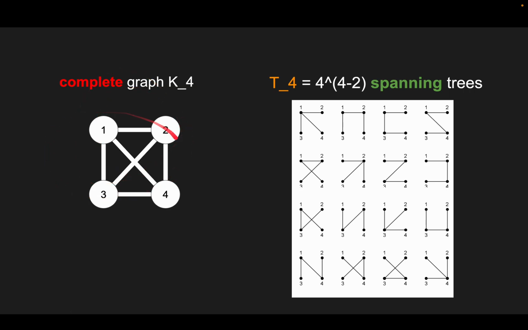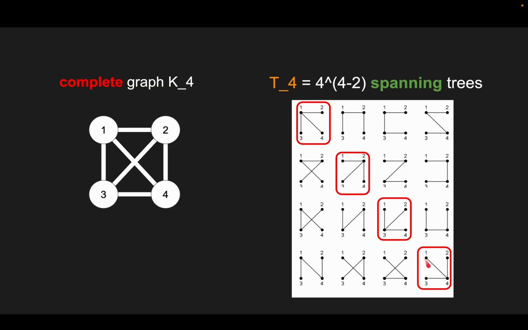Similarly, for a complete graph K4, we can calculate by Cayley's formula, there are 4 raised to the power of 4 minus 2, which is 4 squared, which is 16 spanning trees listed here. But if we look carefully, there are only 2 types, or 2 non-isomorphic trees here.